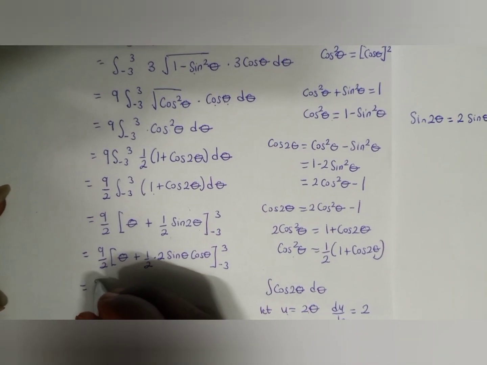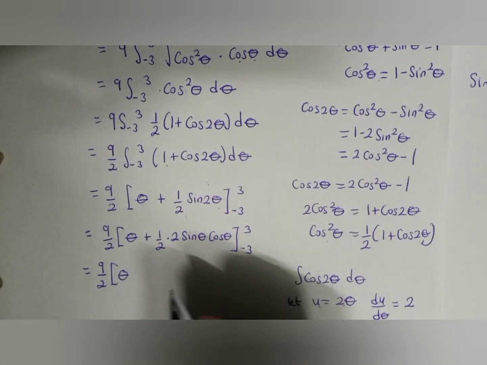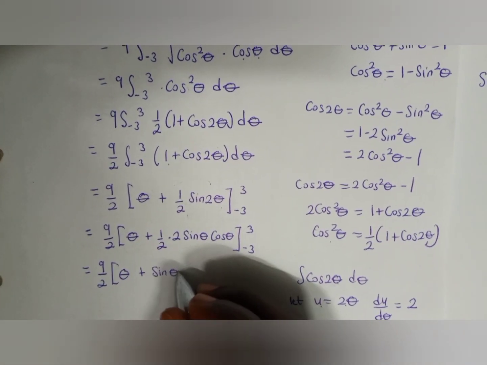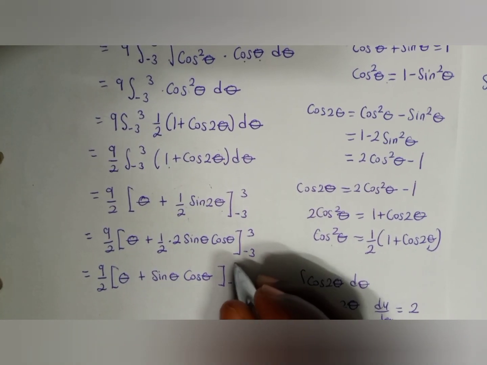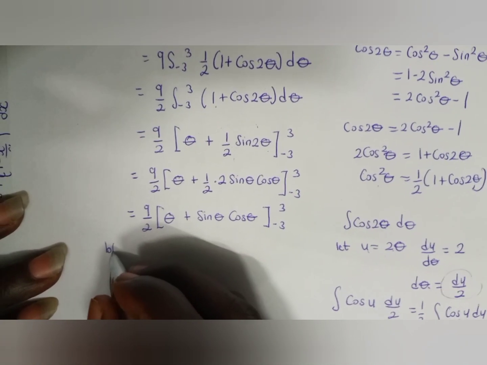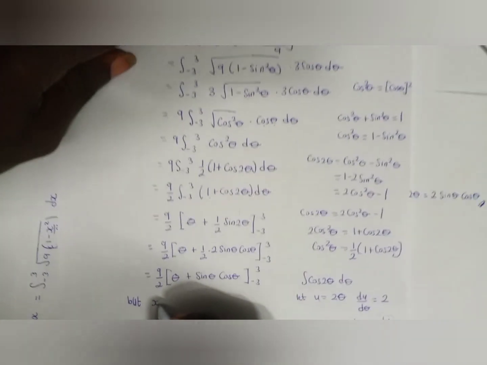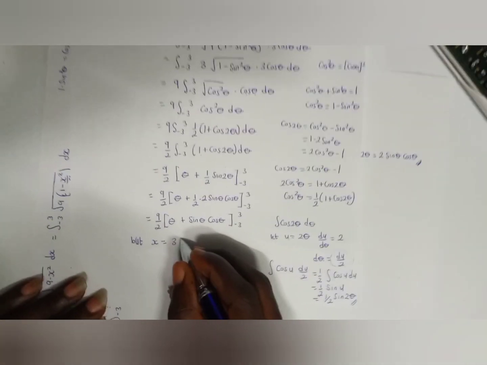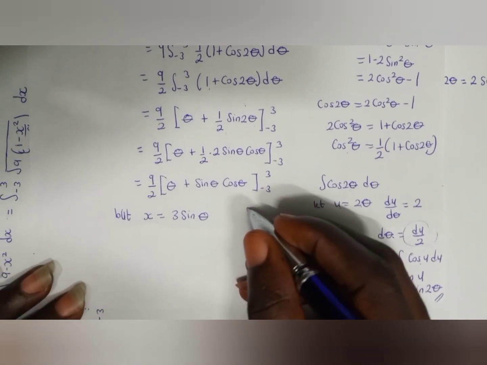Which is equal to 9 out of 2 times theta plus sine theta cos theta. But from the beginning, x equals 3 sine theta.